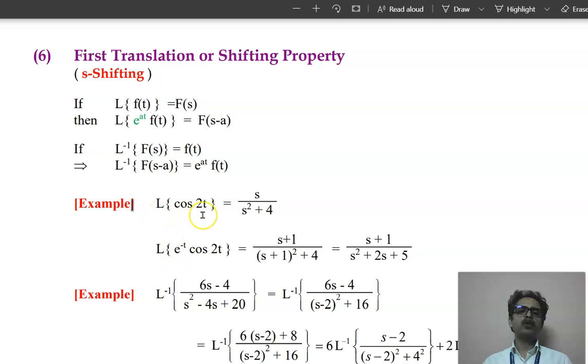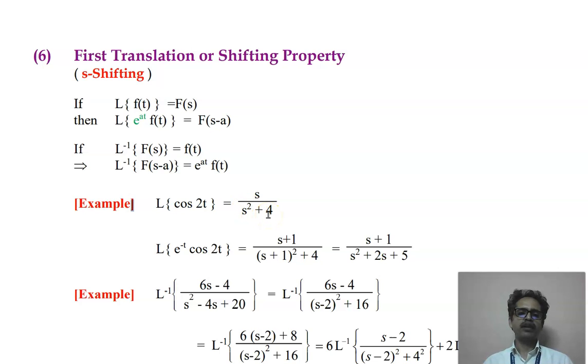Laplace of cos of 2t is s upon s square plus 4 by the first table. Now apply this property with a as minus 1, so that we have Laplace transform of e raised to minus 1 into t, and f of t we have taken as cos 2t, is equal to capital F of s minus of minus 1, which means capital F of s plus 1, and which is obtained by shifting s by s plus 1, that is by changing s to s plus 1.